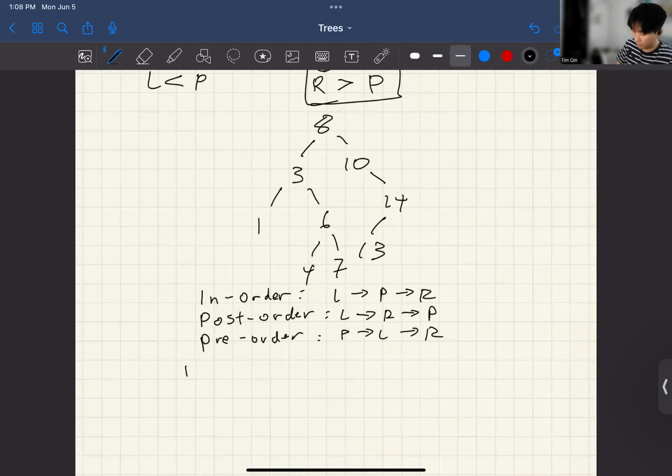So using this BST as an example, we would essentially go left child, parent, right. So left child, we go to the very left. So it's 1. Then we go to the parent of 1, which is 3.